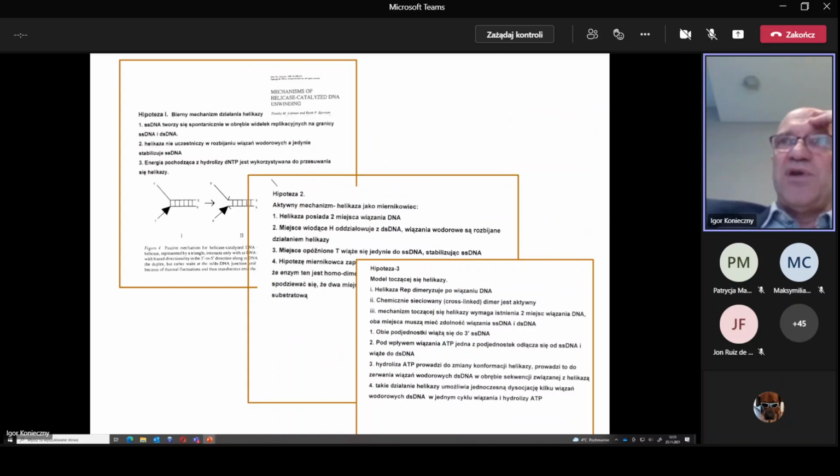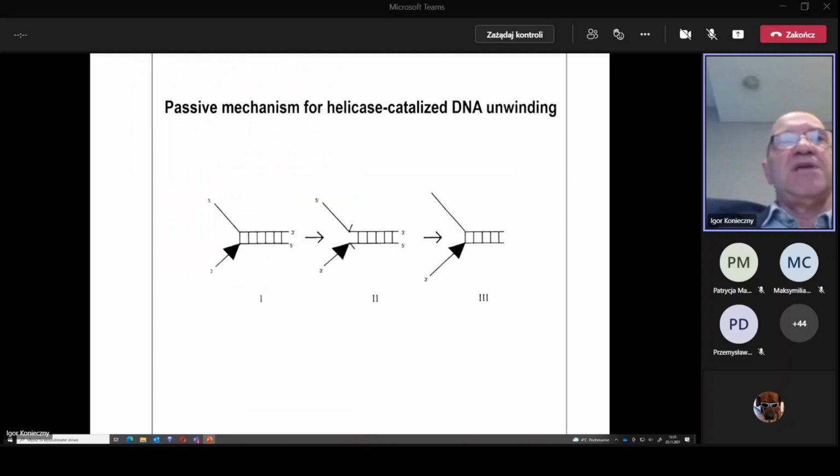But the other story is how the helicase performs the unwinding of DNA. And there were very many hypotheses. Maybe it's not worth going deeply into those ancient hypotheses, like a rolling circle, or whether the helicase is a passive or active mechanism. The concept was that the helicase has a passive mechanism for catalyzed DNA unwinding.